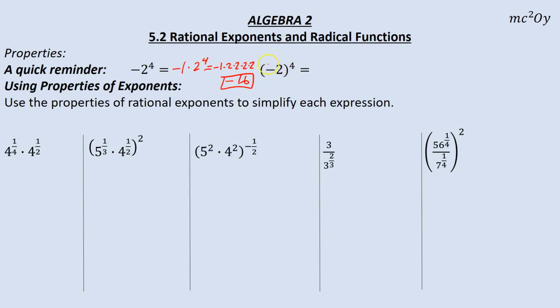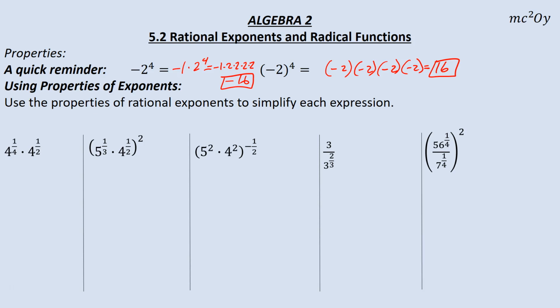Versus negative, the quantity negative 2 to the fourth means negative 2 times negative 2 times negative 2 times negative 2. The negative is included to the power, which is equal to positive 16. So just a quick reminder there.